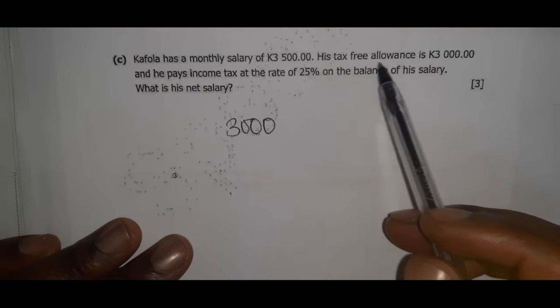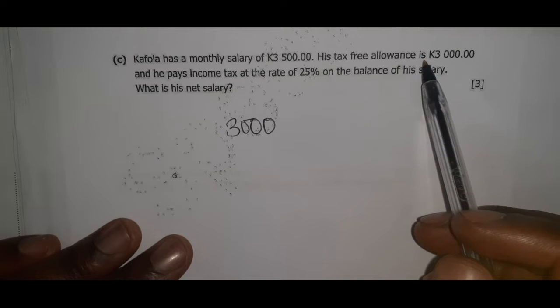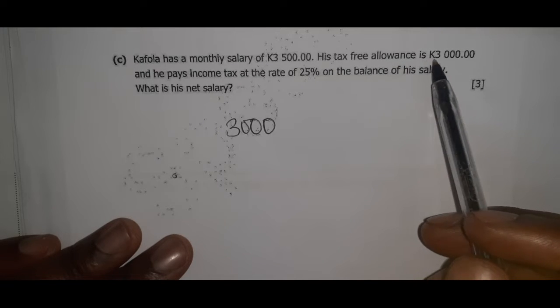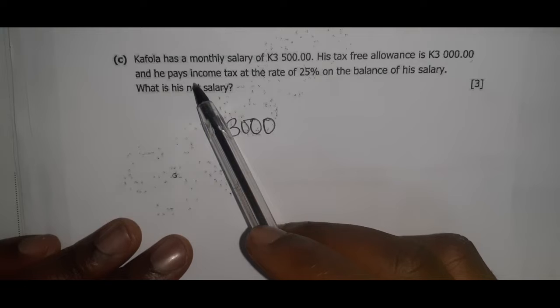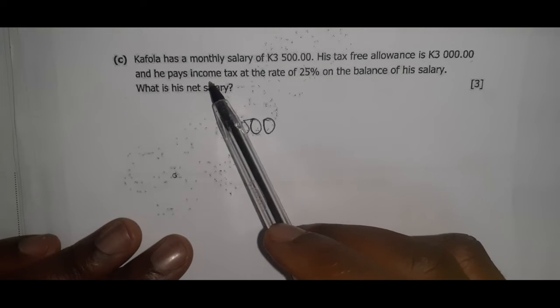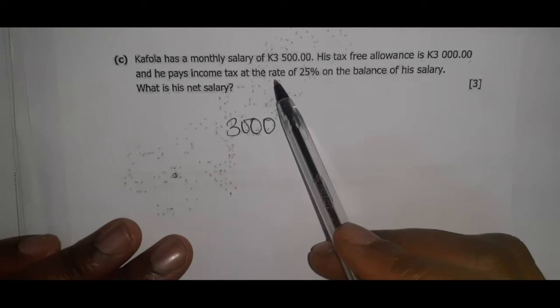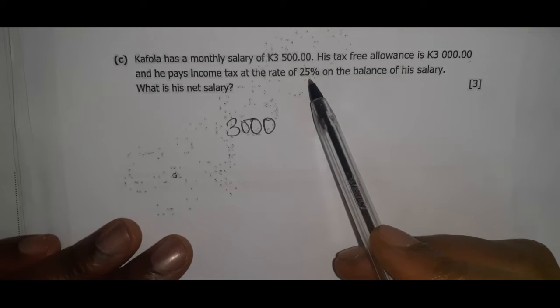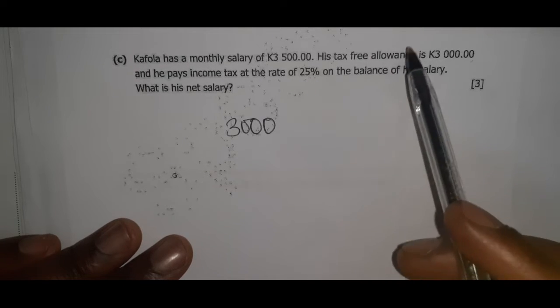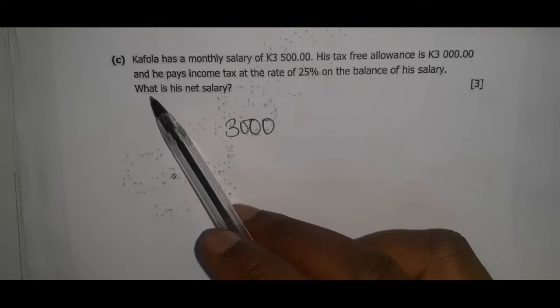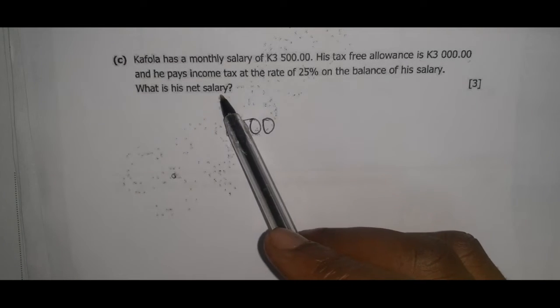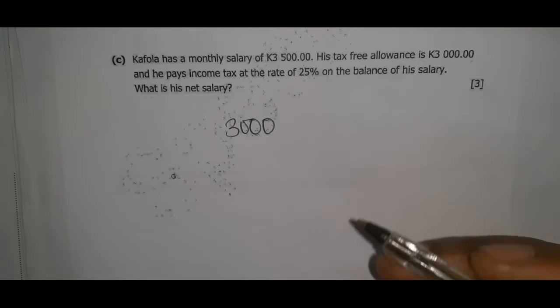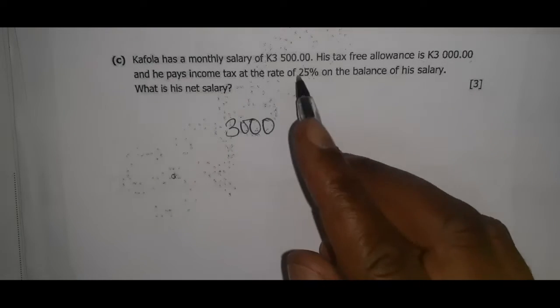His tax-free allowance is 3,000, and he pays income tax at the rate of 25% on the balance of his salary. What is his net salary? So the net salary is like the take home, what remains after the deduction.